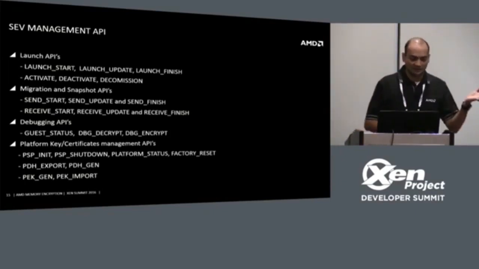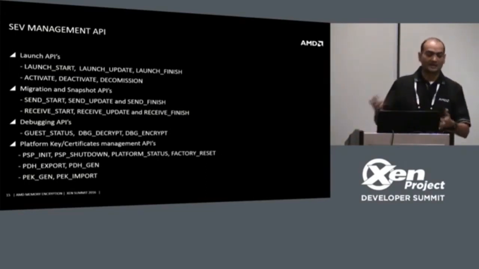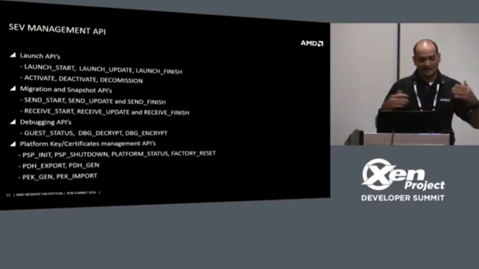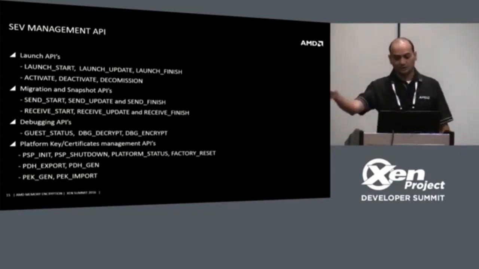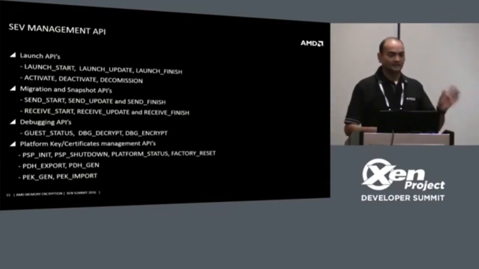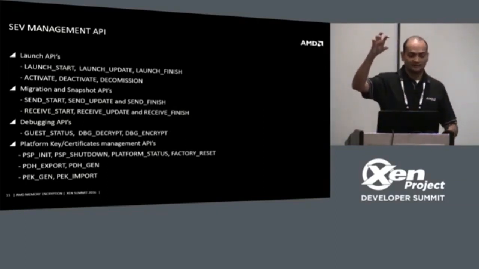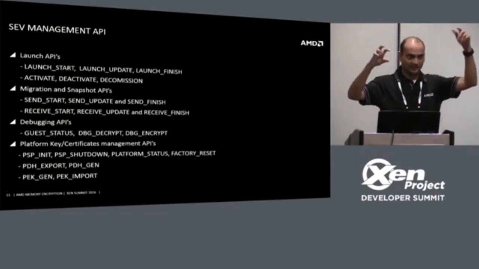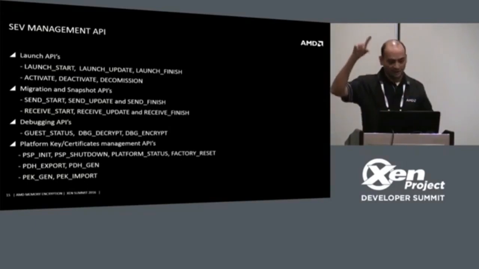So for example, one of the arguments in launch start would be the guest owner's private Diffie-Hellman key and his policies and stuff. So you get that information, you send it to the SEV firmware, it goes and loads the key in the memory, and now a hypervisor will probably start copying the kernel, initial RAM disk stuff into the guest memory, and then you call launch update, which says, okay, where you have copied the data, I'll update it, encrypt it on the fly.